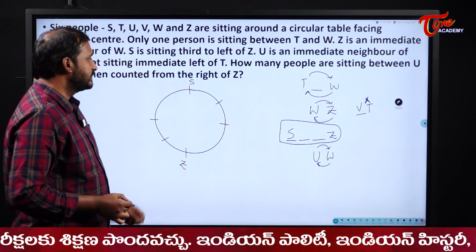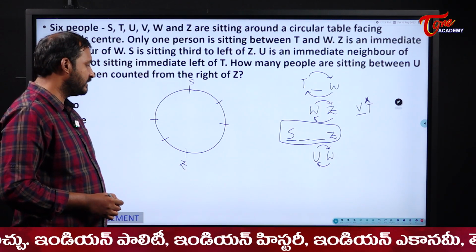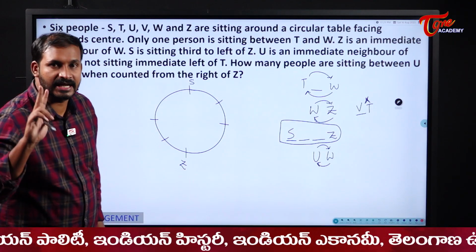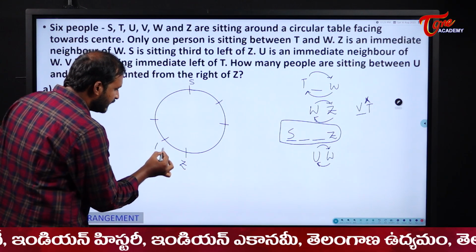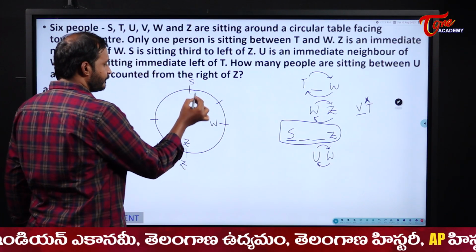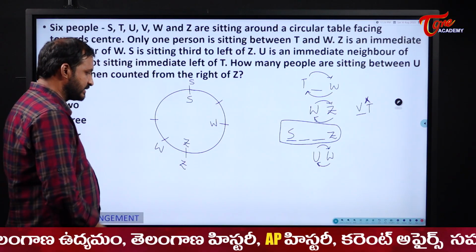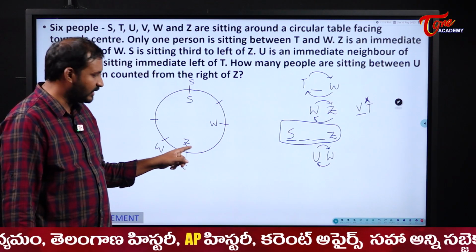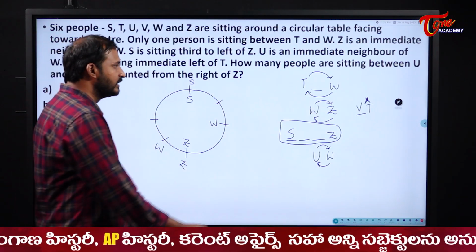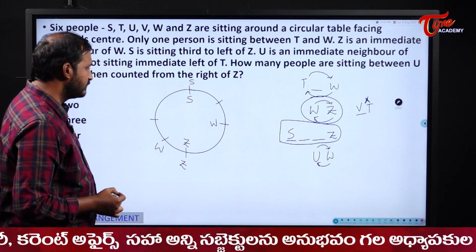Next, for Z, the neighbor is W. Two chances are there, inward and outward. I am taking both the cases in the same one. This one is done.